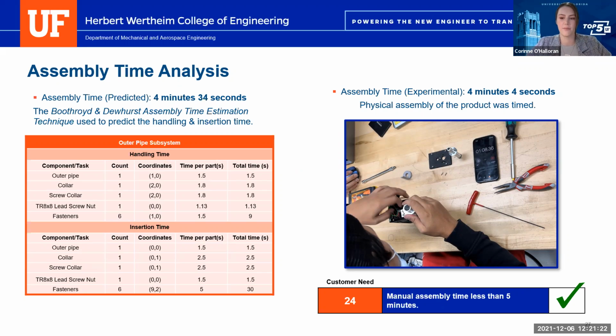On the left is an example of this for the outer pipe subsystem. We also physically assembled the product and timed it to determine our experimental assembly time of 4 minutes and 4 seconds. Both of these are less than the customer need of 5 minutes.